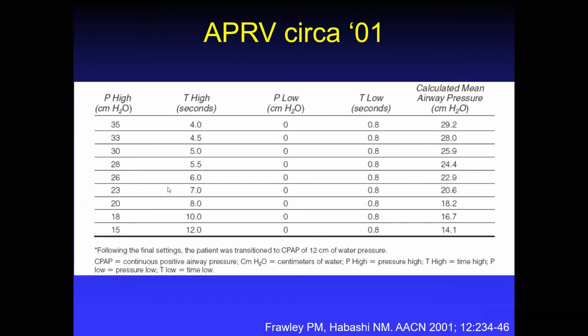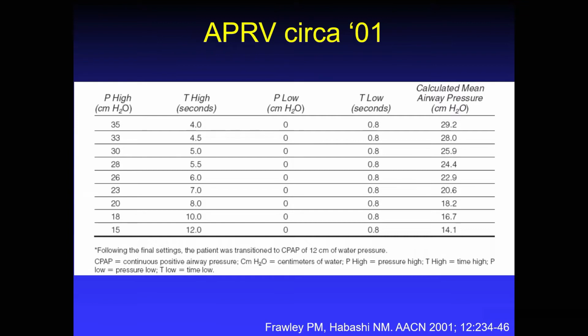And so, if I was trying to put somebody on APRV, regardless of the extent of respiratory acidosis they had, regardless of what their current respiratory rate was, how stiff their lungs were, etc., I tried to make this a one-size-fits-all, where you're putting everybody on a T high of 4 initially and a T low of 0.8, and this just does not work. This was meant as an example, not as an algorithm.